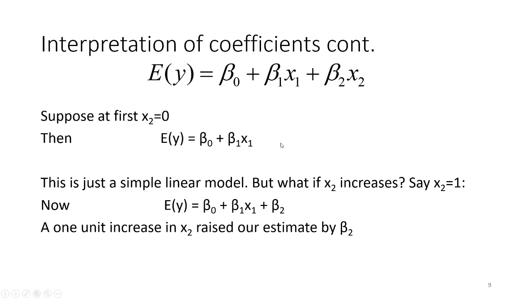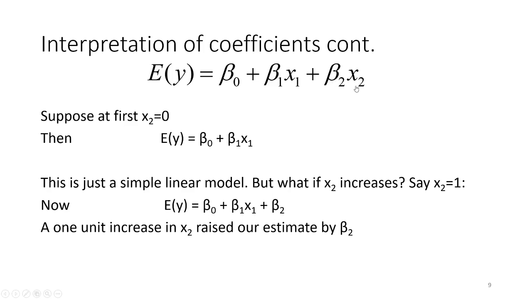But now let's think about raising the value of x2 by 1 unit. As we raise the value of x2 by 1 unit, x2 increases from 0 to 1. Now, our estimated value increases from beta 0 plus beta 1 x1 to beta 0 plus beta 1 x1 plus beta 2.